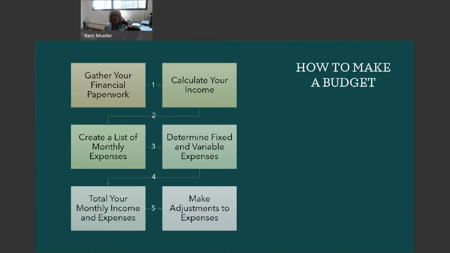Now, after all that, your fourth step: you have your expenses all written down, and you need to determine which are the fixed and which are the variable. Just like fixed income and variable income, fixed expenses are those mandatory expenses that you pay the same amount for each time.